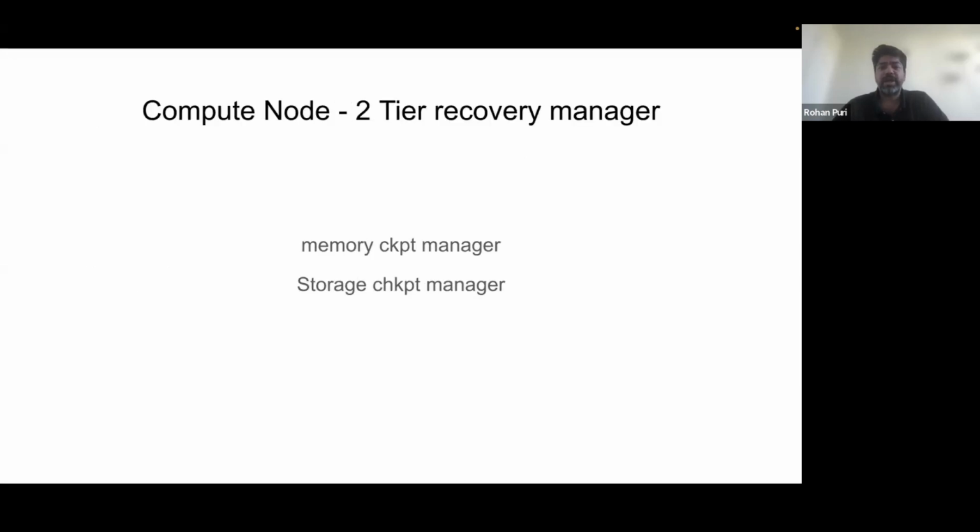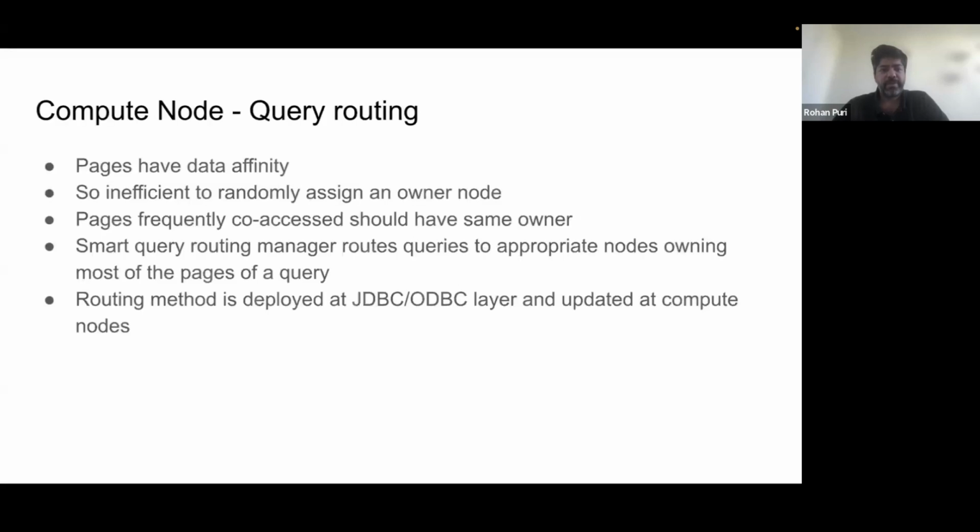It has a two-tier recovery manager, a memory checkpoint manager, and a storage checkpoint manager. It also has a query routing layer. Generally, pages have data affinity, so if you randomly assign queries to different owner nodes, it would be inefficient because you would not know which pages are owned by which particular node.